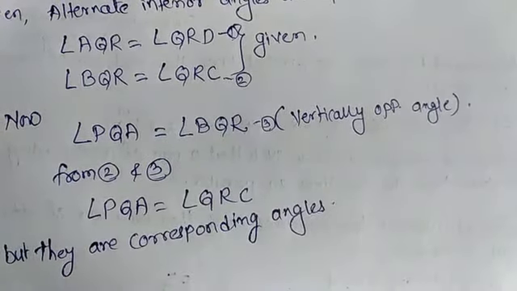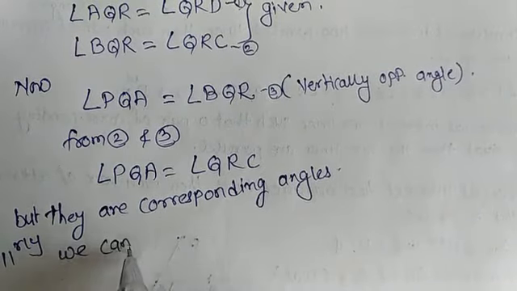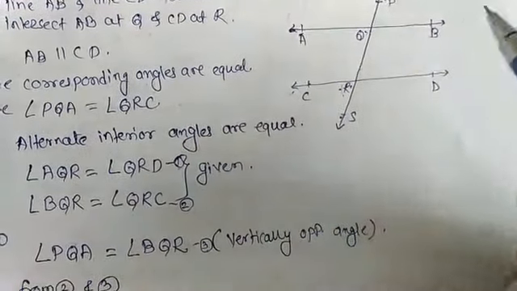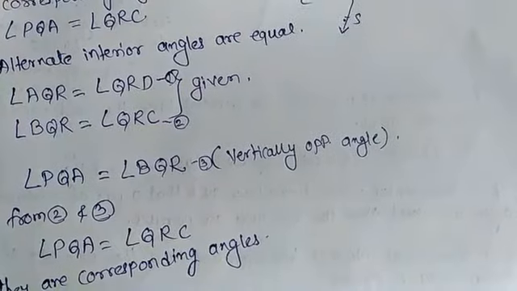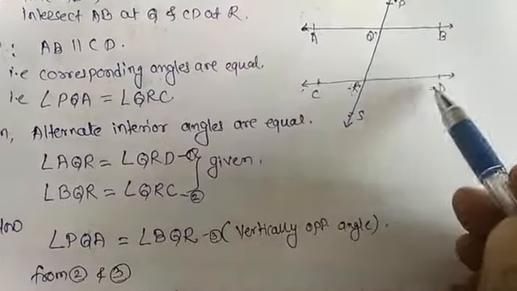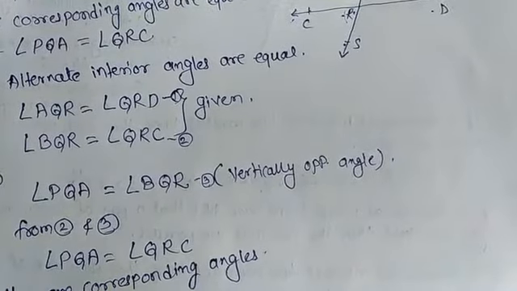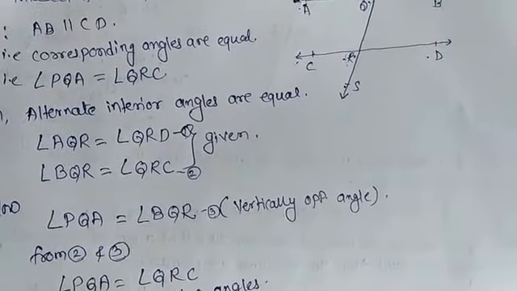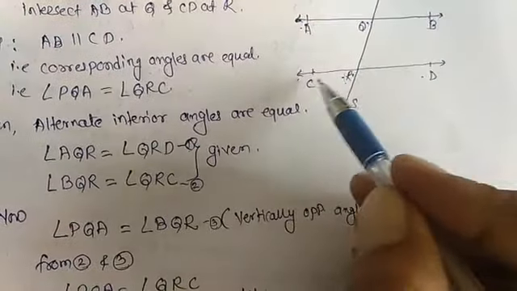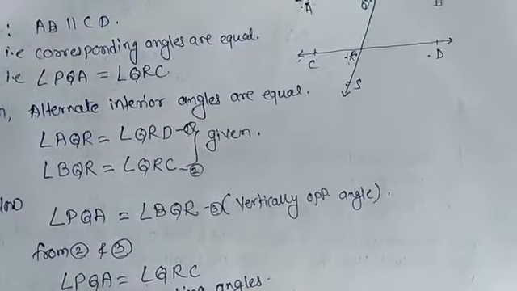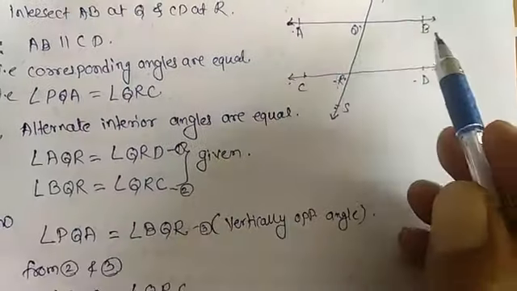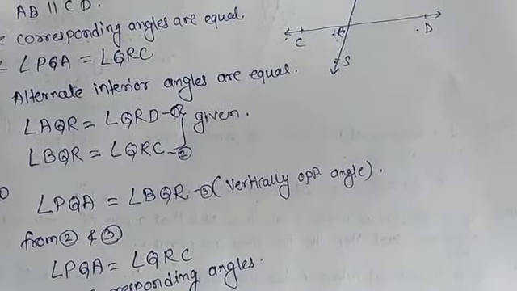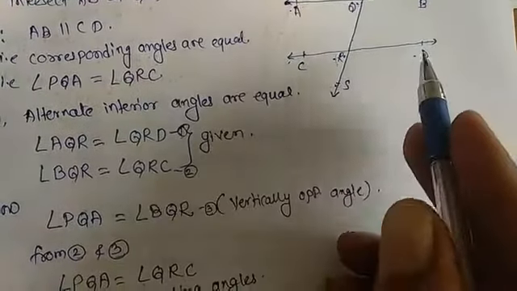Similarly, we can prove the other corresponding angles are equal. Angle PQB is equal to angle QRD. Also angle AQR is equal to angle CRS, and angle BQR is equal to angle DRS.